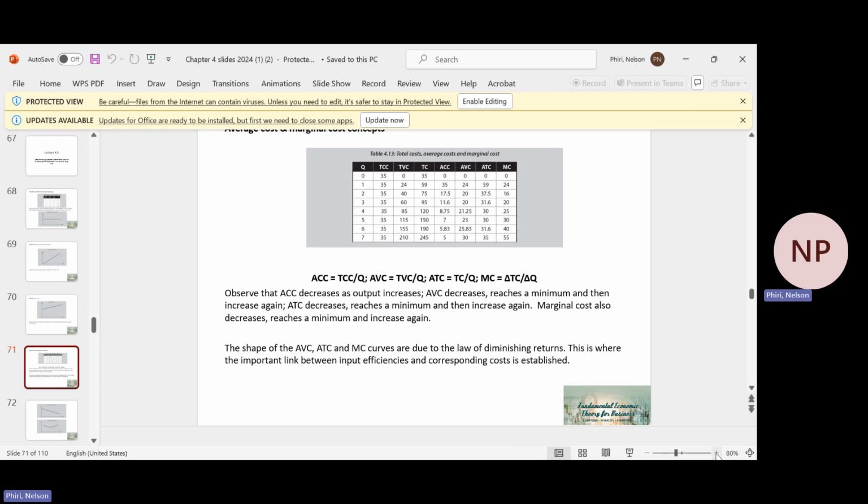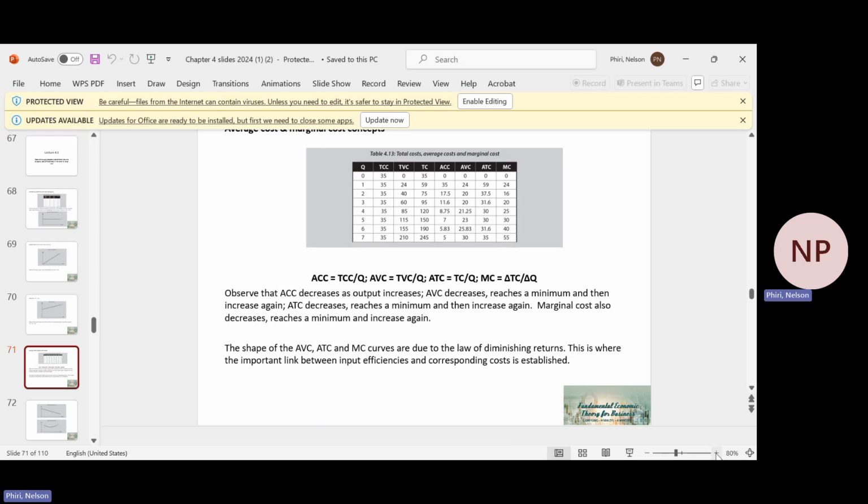Then your AVC reaches its minimum point before the ATC, then it increases. So there is a point of intersection whereby the MC intersects the ATC at its minimum. That's another thing that you need to know.